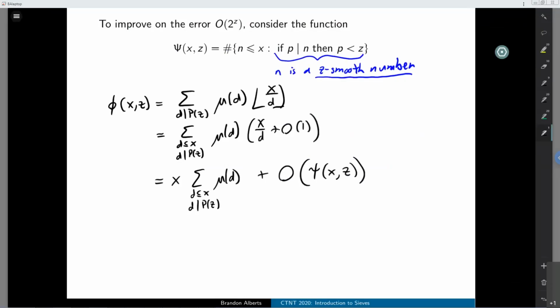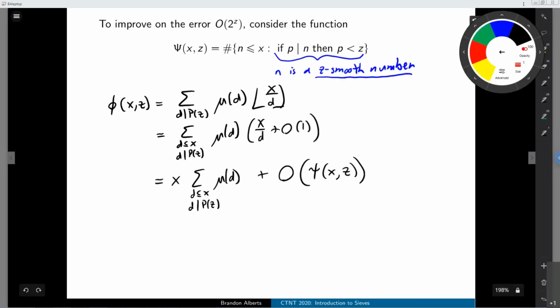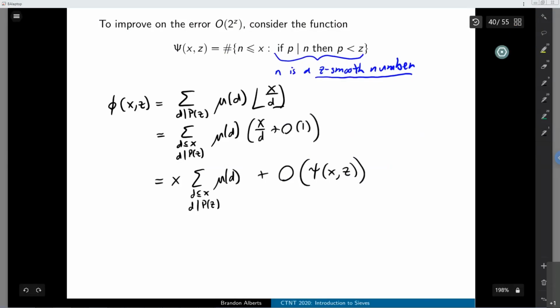So there's two things that we have to do in order to make this approach to improving the error work. We actually need to bound this. That's the one thing we have to do, which is the goal of what we're doing.